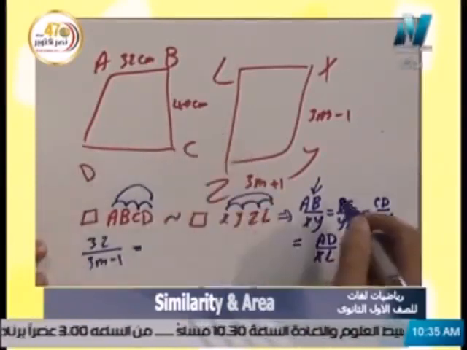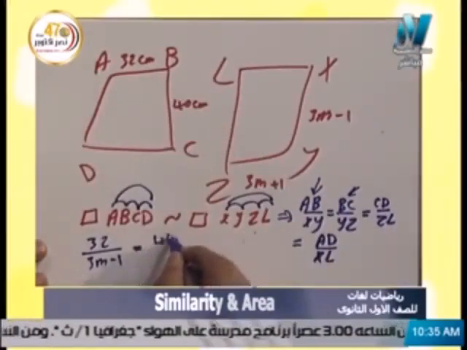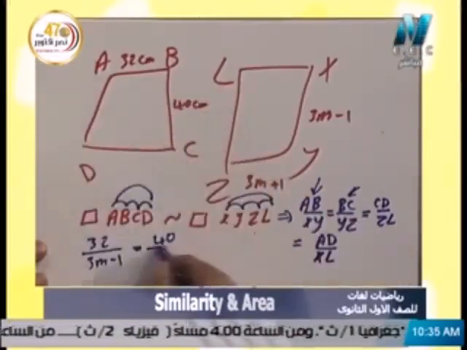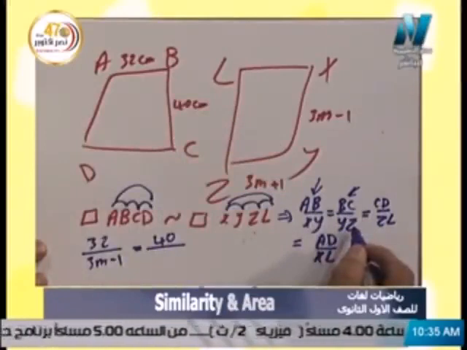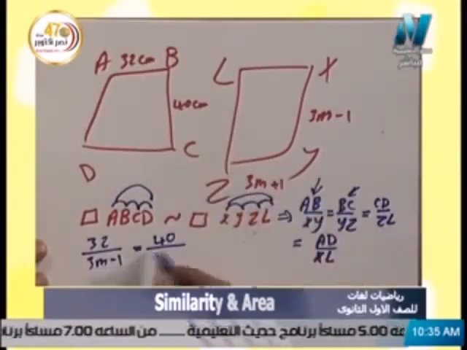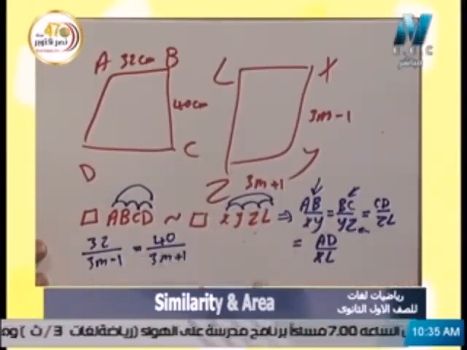We have here BC. BC here equals 40 centimeters, so we can replace BC by 40 centimeters over YZ. YZ here is 3m plus 1, so we can replace YZ by 3m plus 1. Okay?